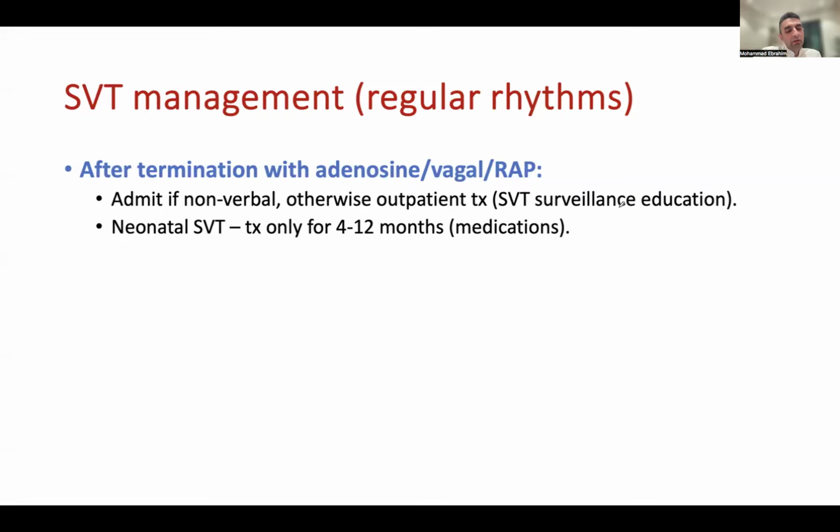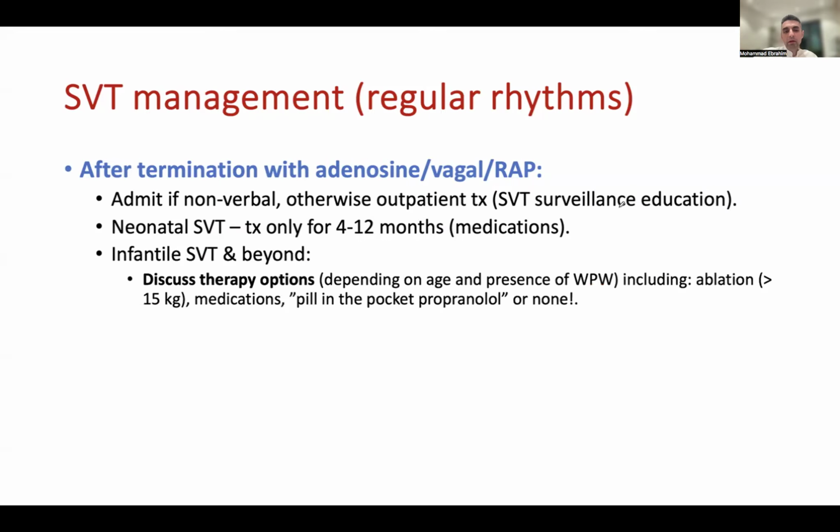So I do stop it much sooner. I mean 6 months, usually I'm already weaning. And for the most part, babies don't have recurrences. If the SVT started after 1 year of age, then the SVT would come back, and then the patient needs long, chronic therapy, or of course ablation is an option.